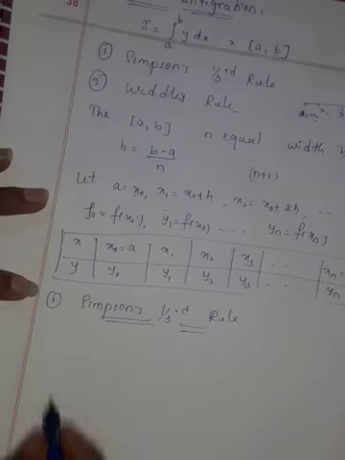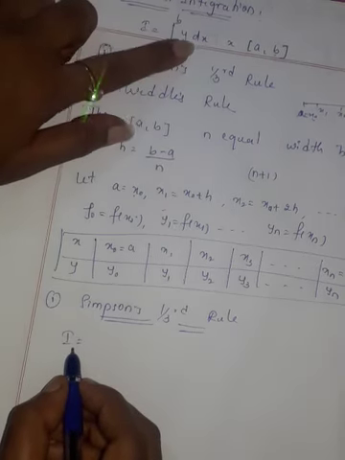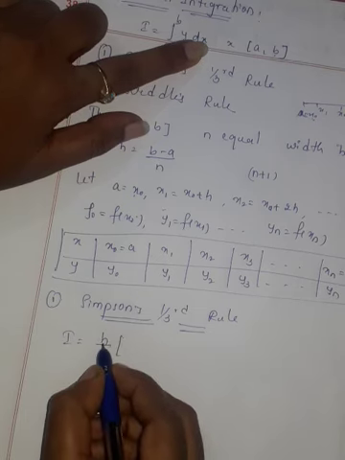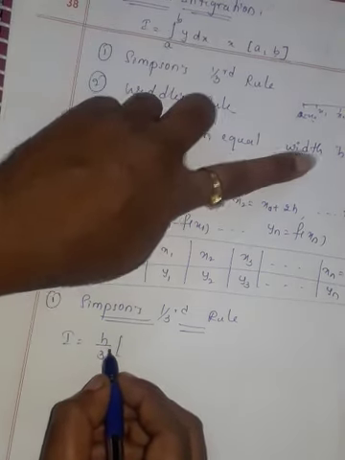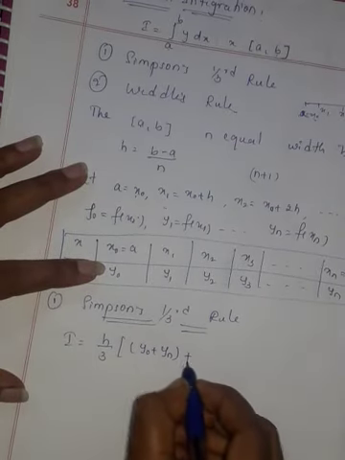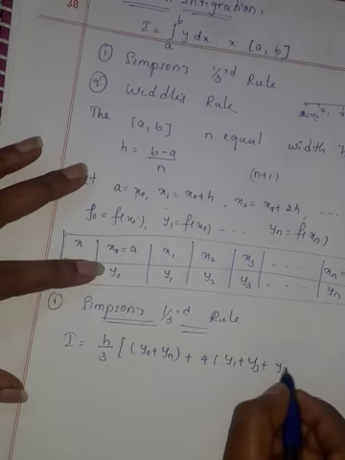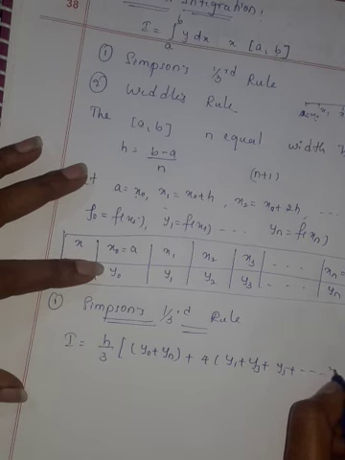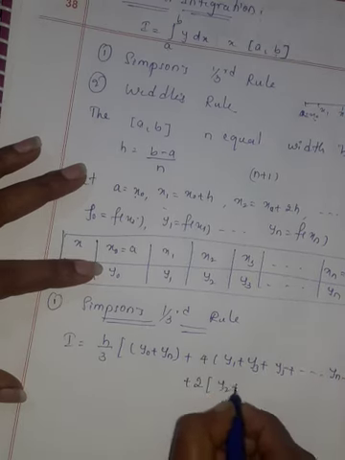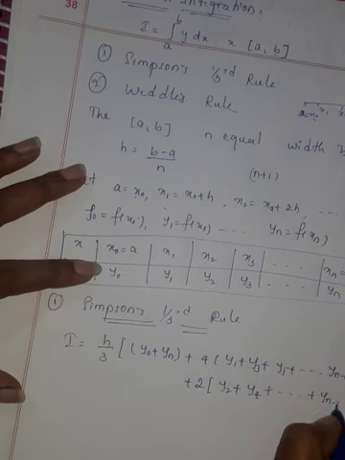It is given as I is equal to the integration from a to b of y dx, equal to h by 3, where h is nothing but the width, times [y0 plus yn plus 4 into (y1 plus y3 plus y5 and so on plus yn minus 1) plus 2 into (y2 plus y4 and so on plus yn minus 2)].